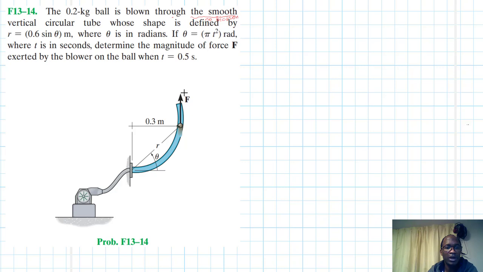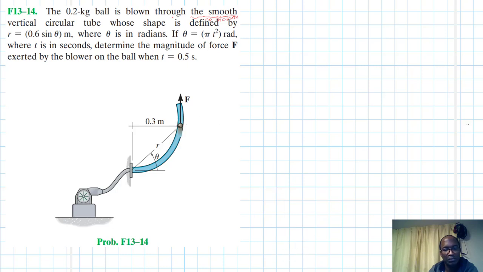We are being asked to determine the magnitude of F. Since the path where the ball is moving is curved, there's going to be a point where this ball is in contact with the inner surface of this pipe, and as a result we are going to have some normal force. So let's assume somewhere there it is in contact with that surface.